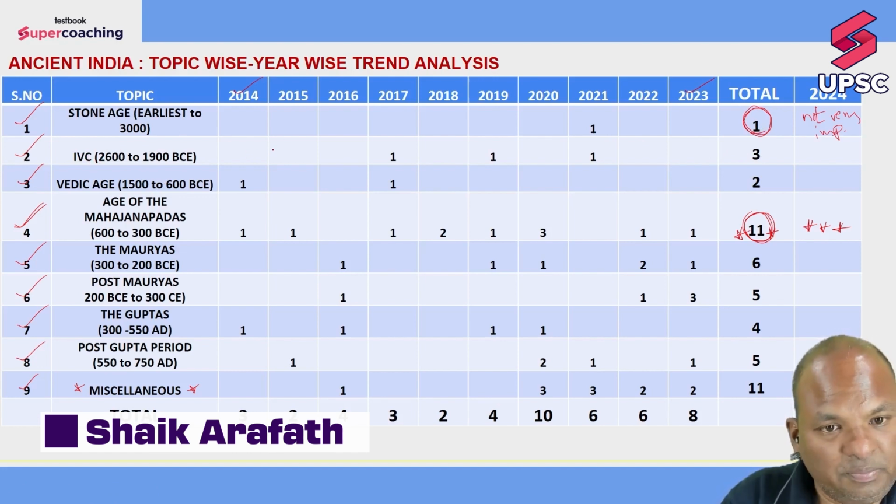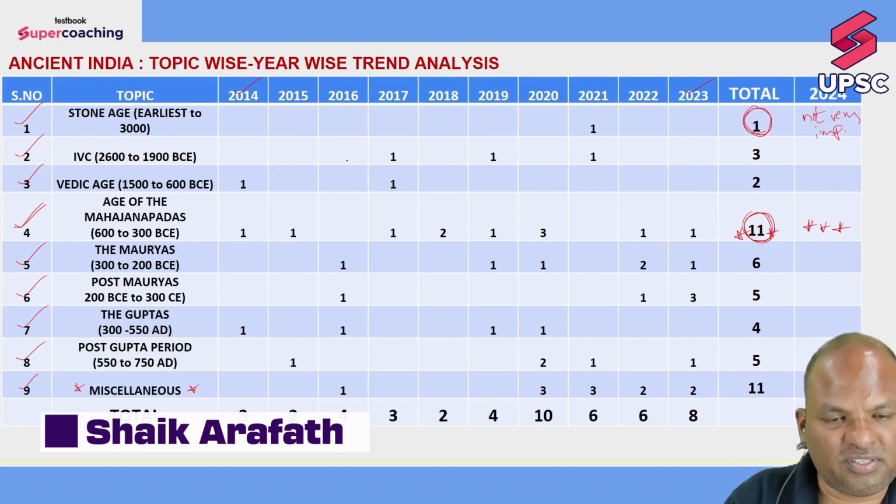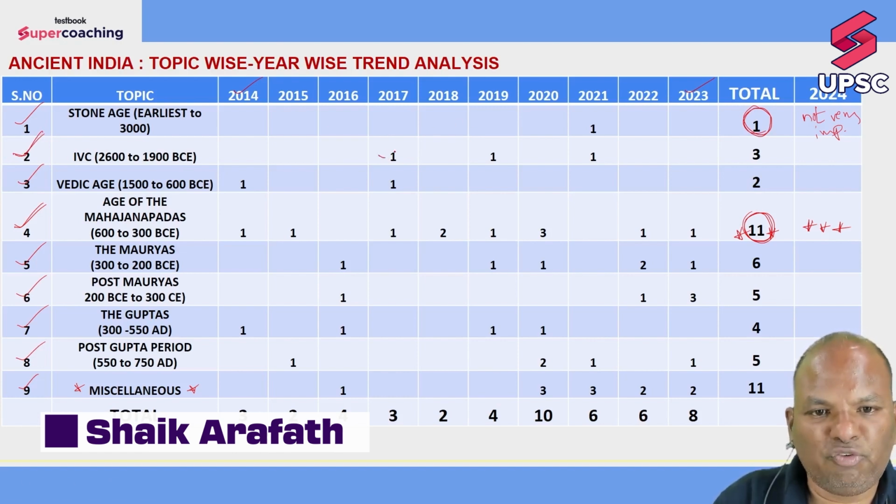This has been the favorite area of UPSC. At least one question every alternate year, UPSC has asked from this particular topic. Let me repeat. If not each year, at least every alternate year, a question came from the second chapter, that is Indus Valley Civilization. A question came in 2017, a question came in 2019, and a question came in 2021.